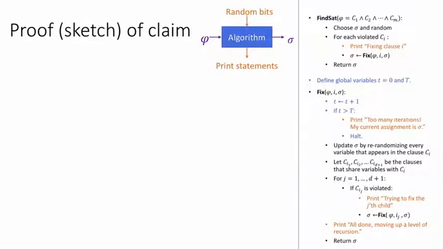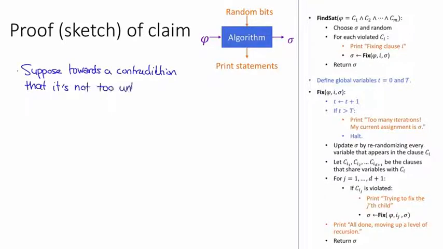As we mentioned before, the idea is to view this algorithm not this way, as something that takes a formula and outputs an assignment, but rather this way, as something that takes a bunch of random bits and outputs some print statements. More precisely, suppose, towards a contradiction, that it's not too unlikely that the algorithm runs for t steps.